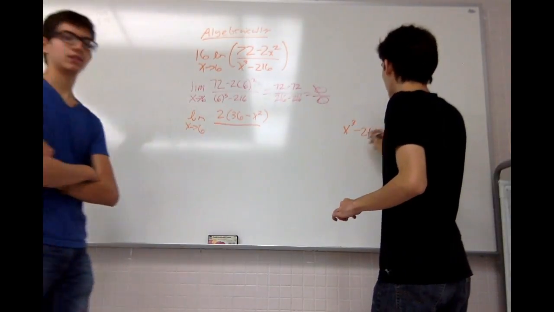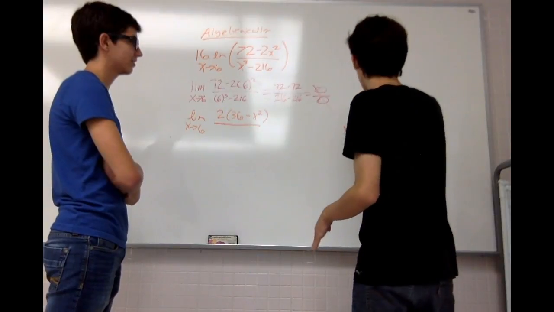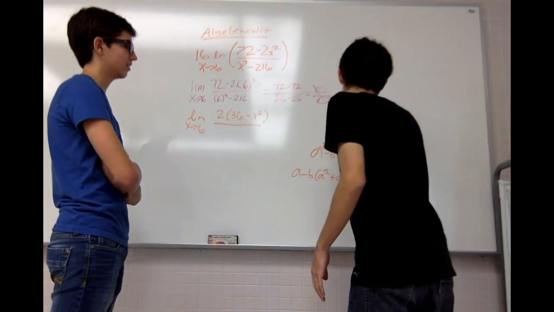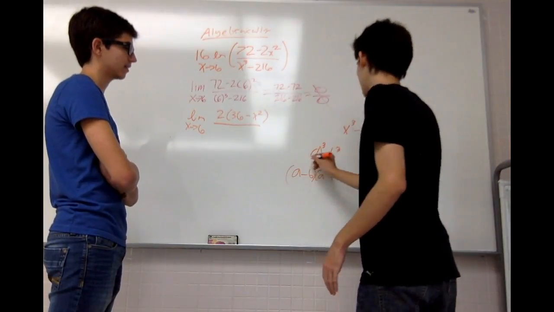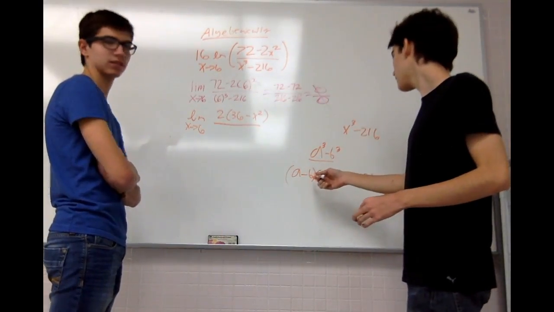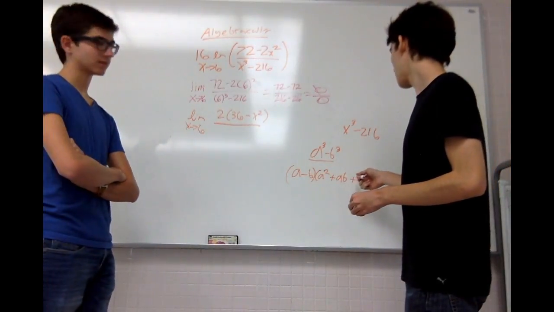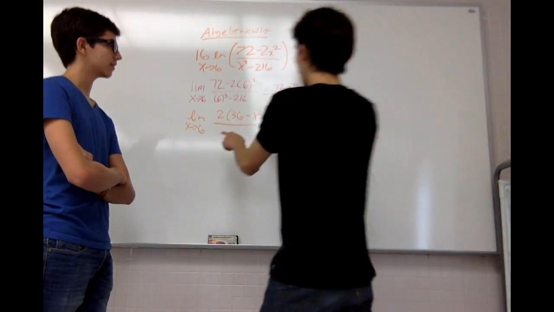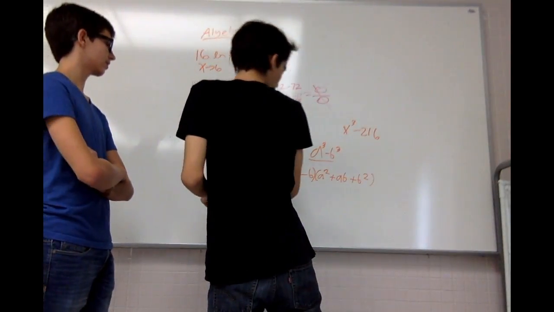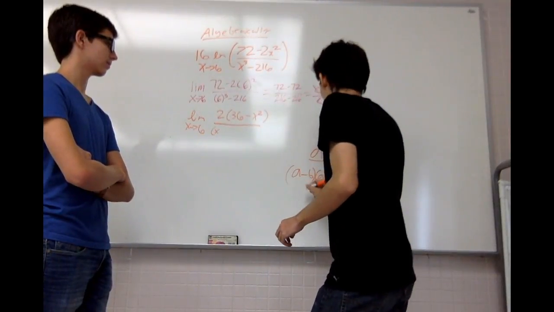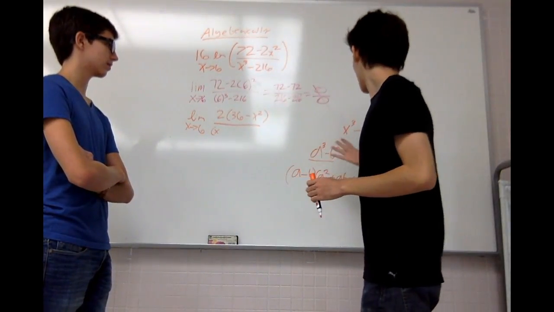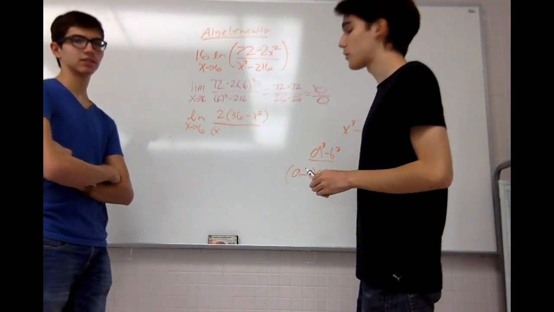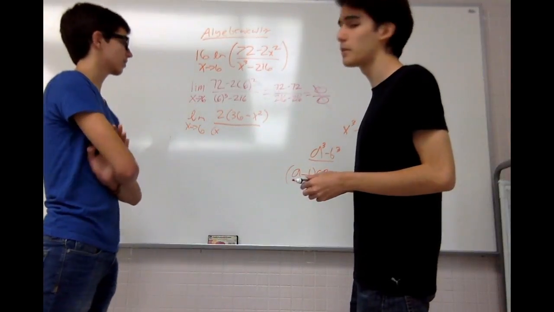We know that the formula for the difference of cubes is a minus b times a squared plus ab plus b squared. So we'll take x, and we're going to take the cubic root of 216, which is 6.